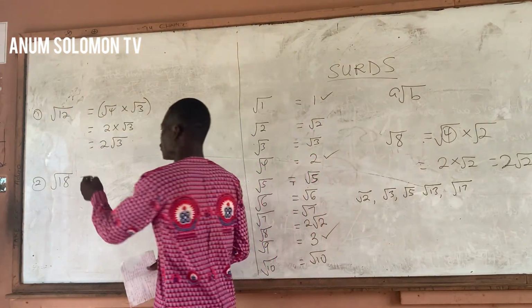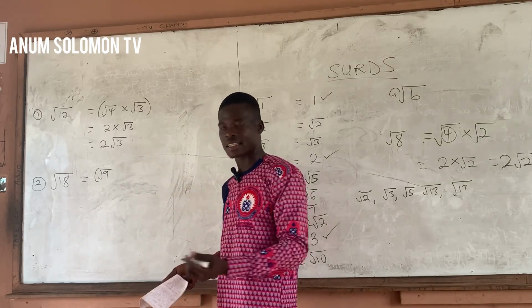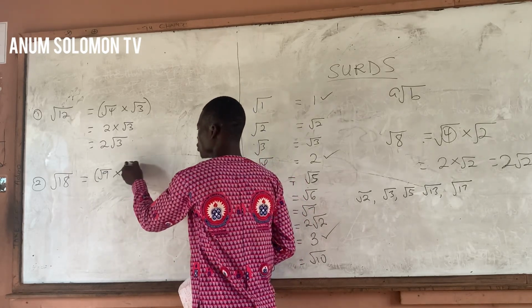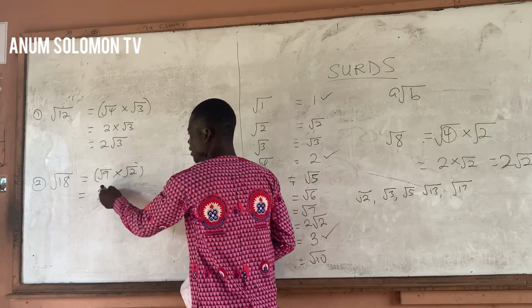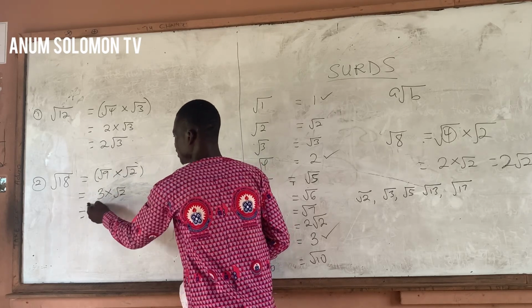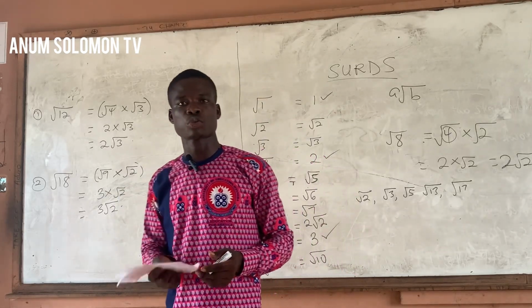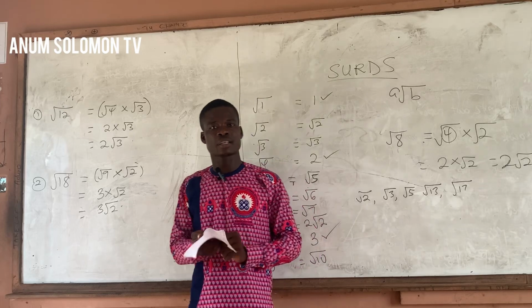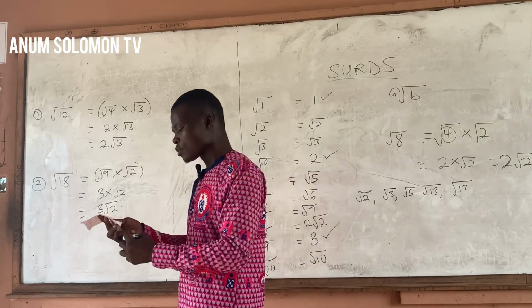So we have root of 9, and 9 times which number will give you 18? 9 times 2. That's root 2. And finally, root of 9 is 3 times root 2. Then we are going to get 3 root 2. So this is how to simplify a surd to its basic form.